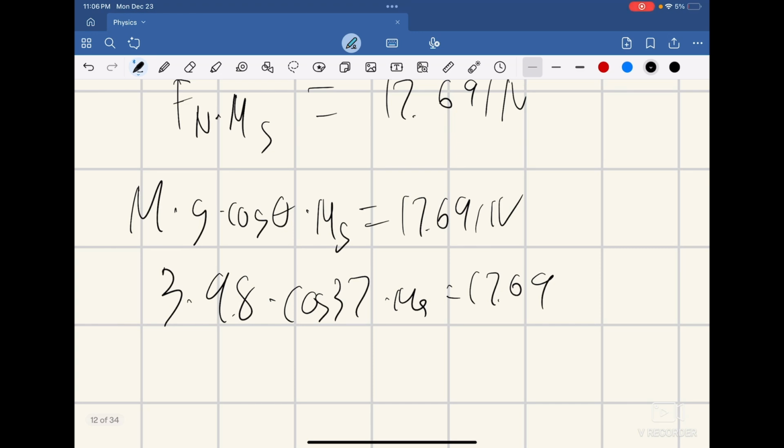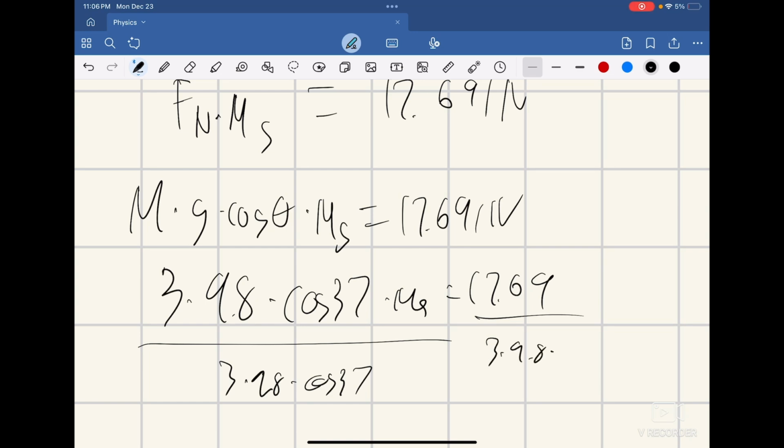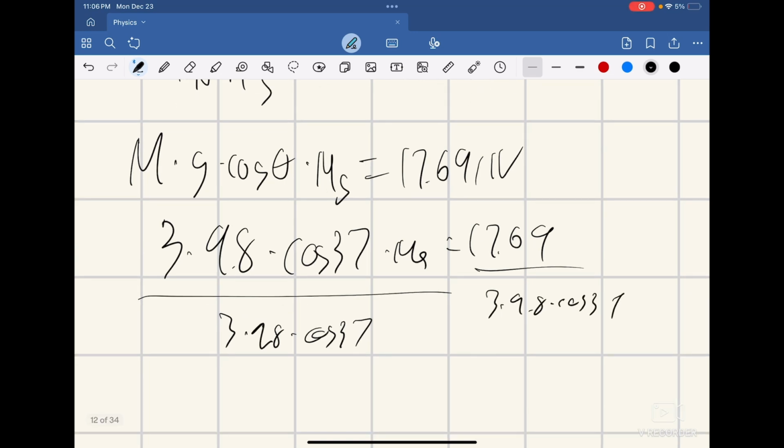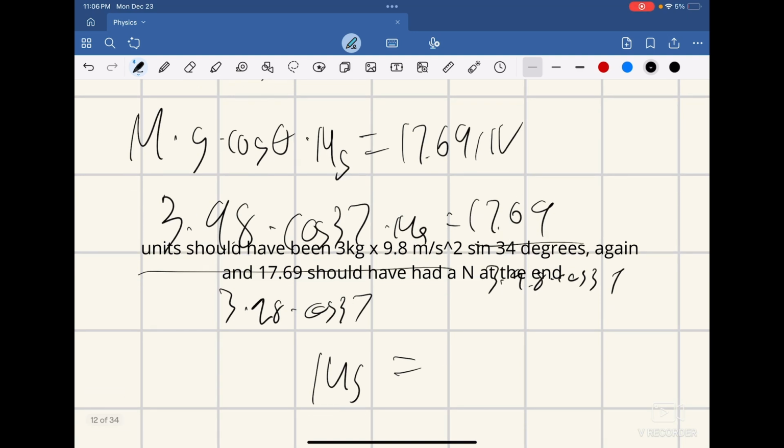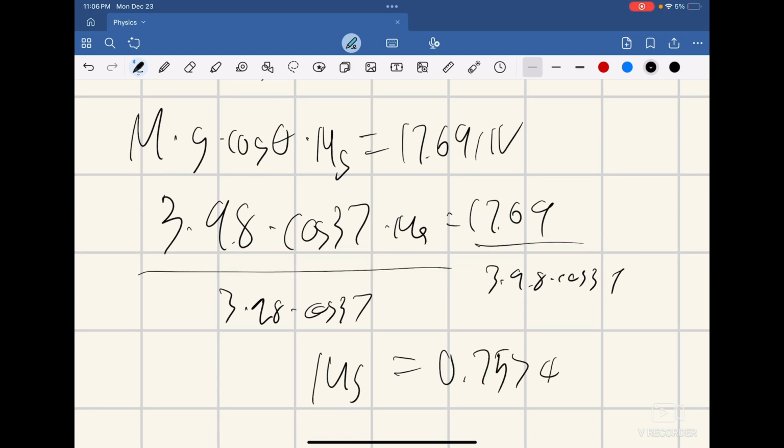So I divide both sides by 3 times 9.8 times cosine 37, and we're left with mu s equal to 0.7534. That's a constant.